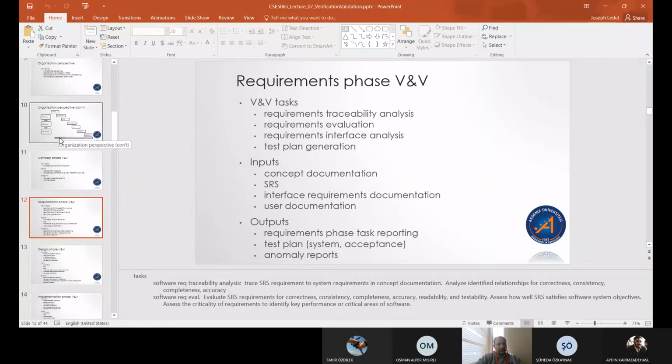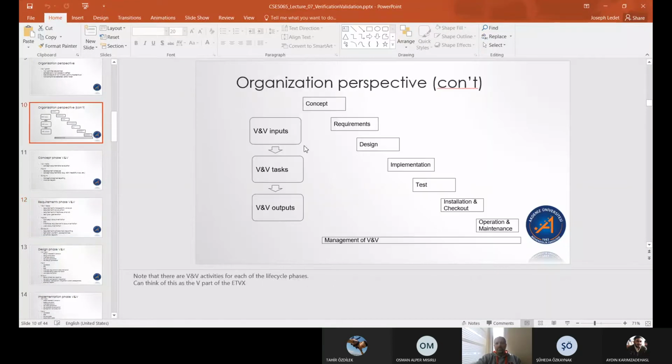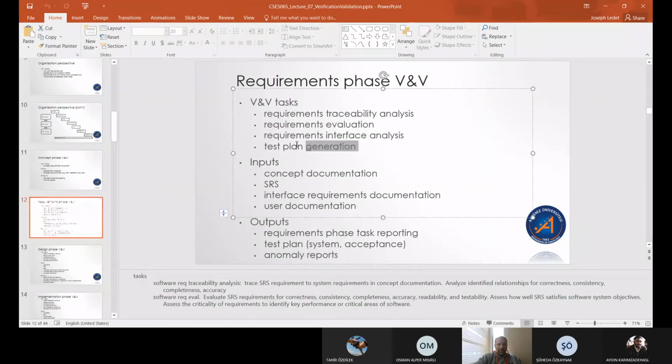So if I back up a couple of slides, I see that testing is two phases after requirements in a waterfall approach. And yet there's a couple of points here where the requirements phase has to do with test plan generation, and a test plan is one of the outputs.